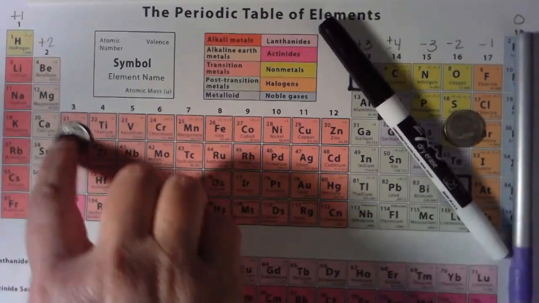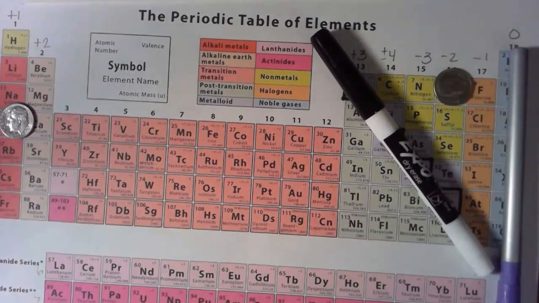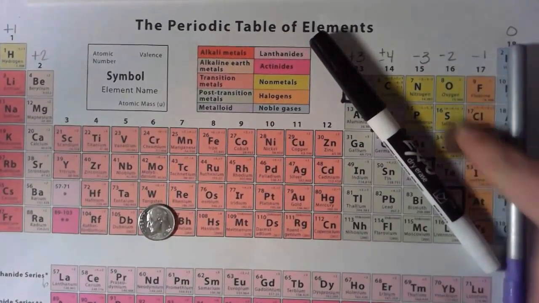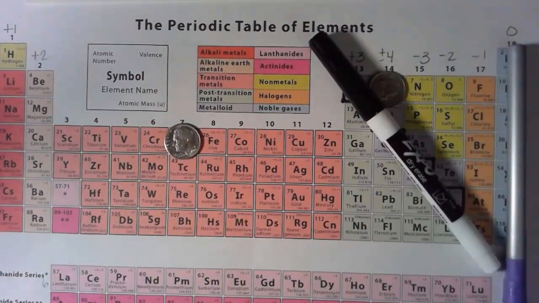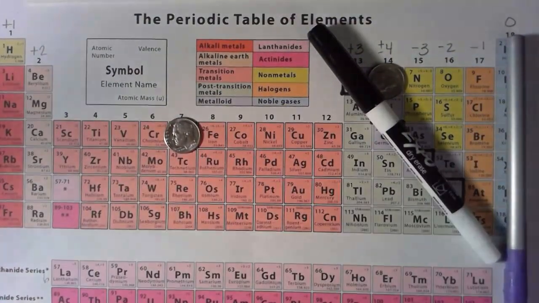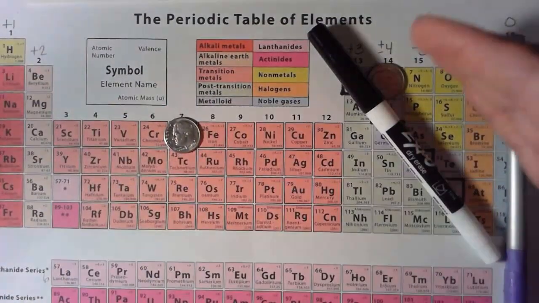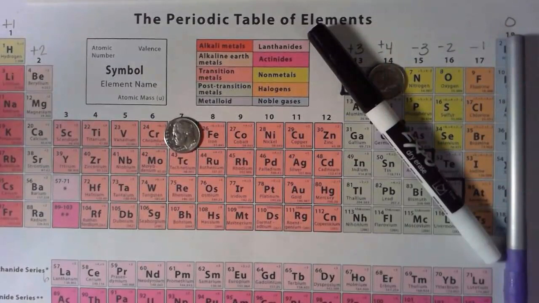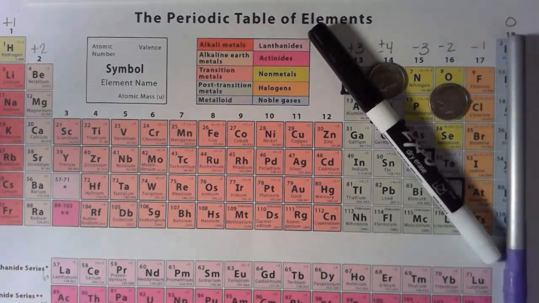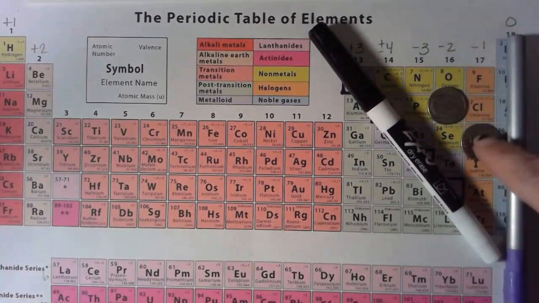Ionic. Ionic. Are you getting the point? It doesn't matter where they are on the left side, as long as one's on the left side, one's on the right side, it's ionic. Now, talk about covalent. Again, same thing's going to happen. No matter where you put them, they are covalent.